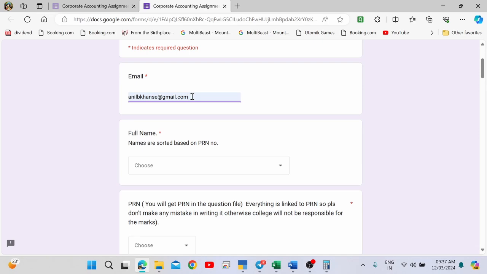Correct, because on your college ID you do not get the mails. You can just send the mails, but you do not get them in the college ID inbox. Therefore, here use Gmail.